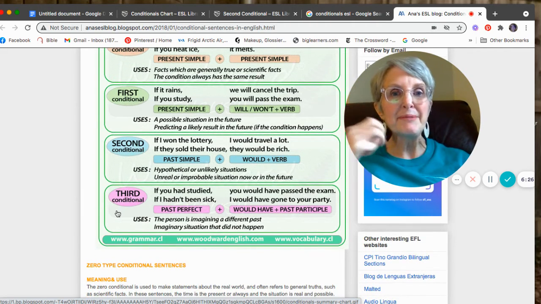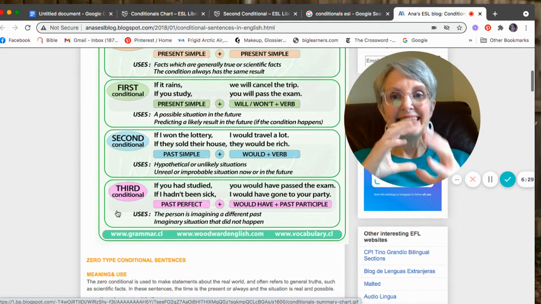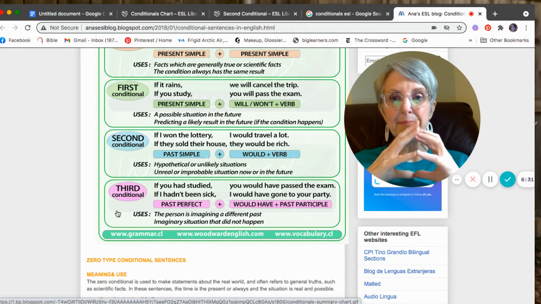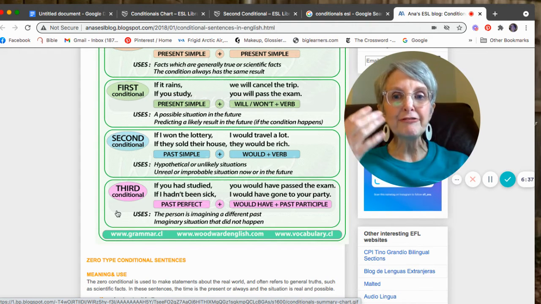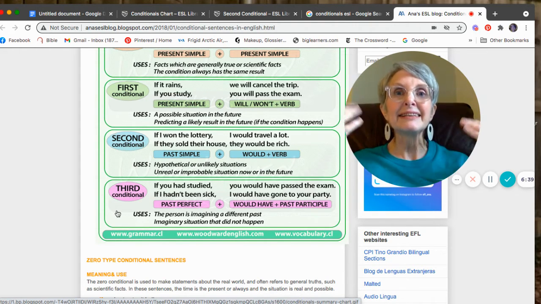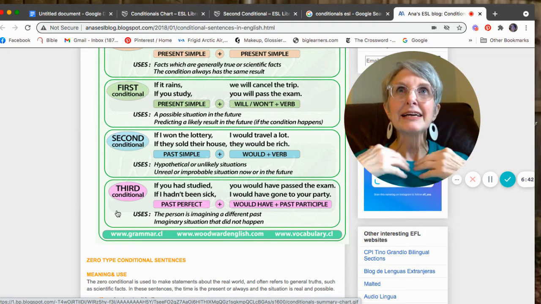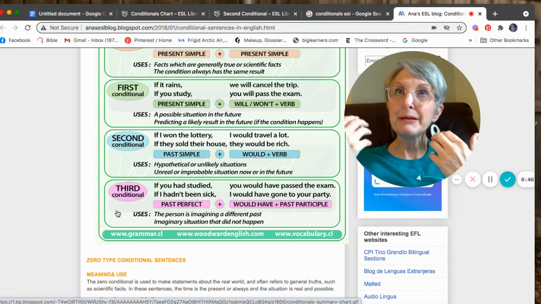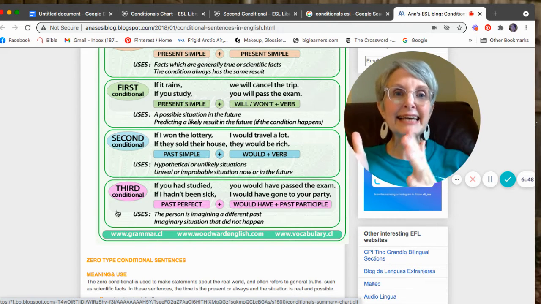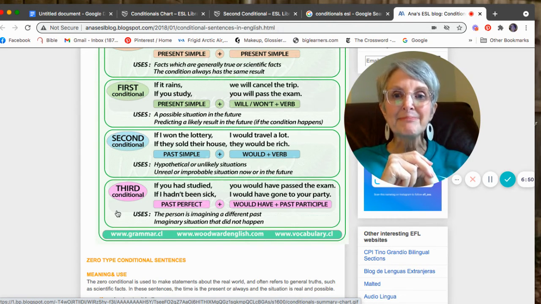There is going to be one more after that, and that one is talking about if the person imagined a different past. Usually this is used to talk about maybe when you wished something else had happened. Maybe you are sorry that something didn't happen a certain way.